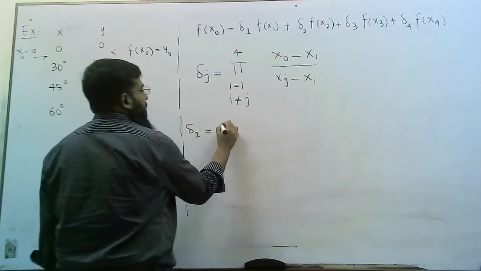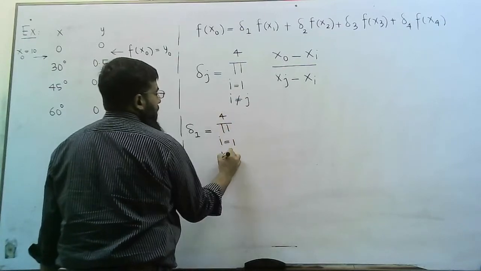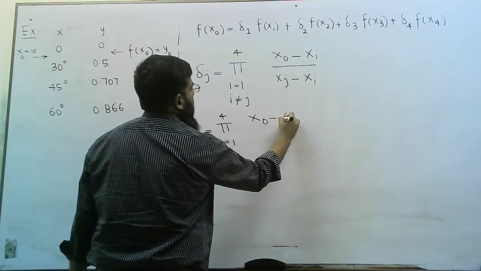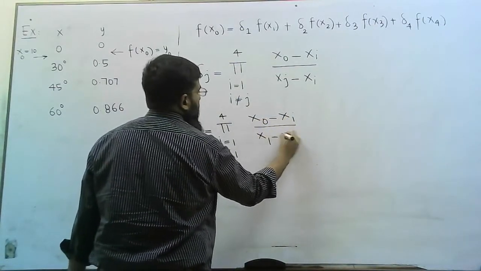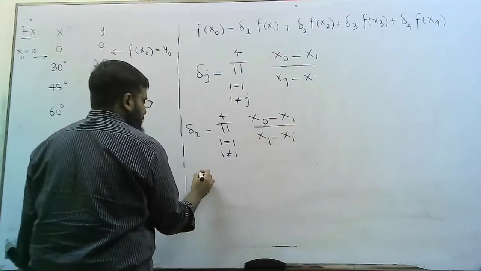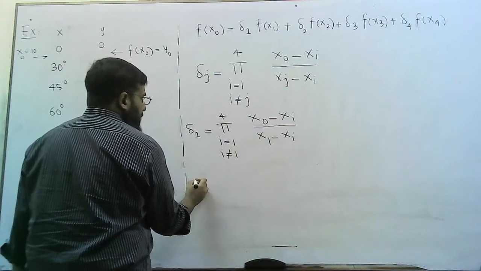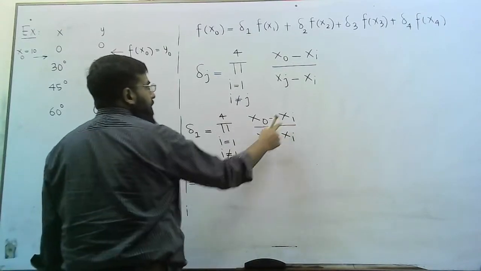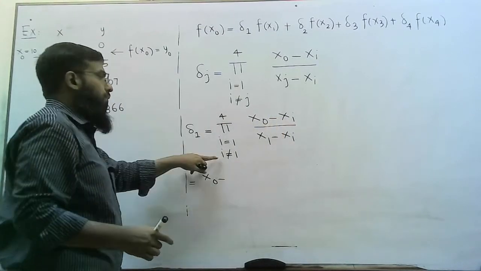Now we can find del 1, del 2, del 3 and del 4, because we'll have only 4 dels. Del 1 is the product from 1 to 4, where i is not equal to 1, of x naught minus xi over x1 minus xi. We are going from 1 to 4, but we are skipping 1.